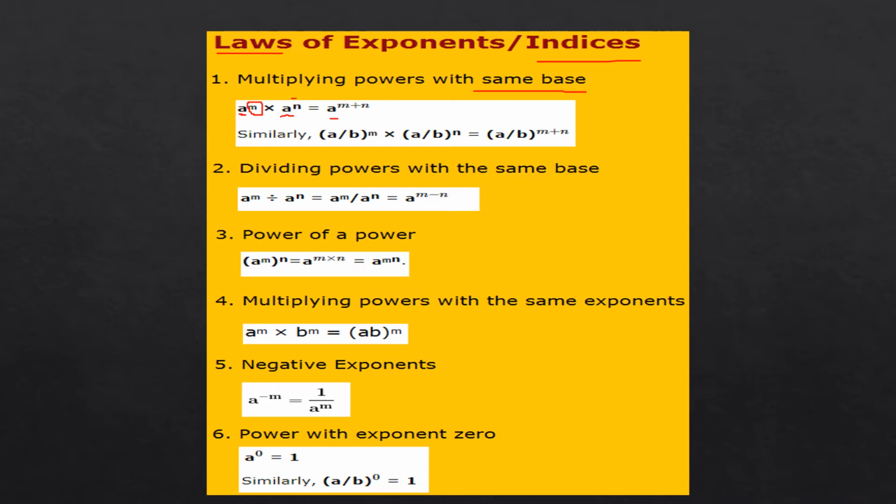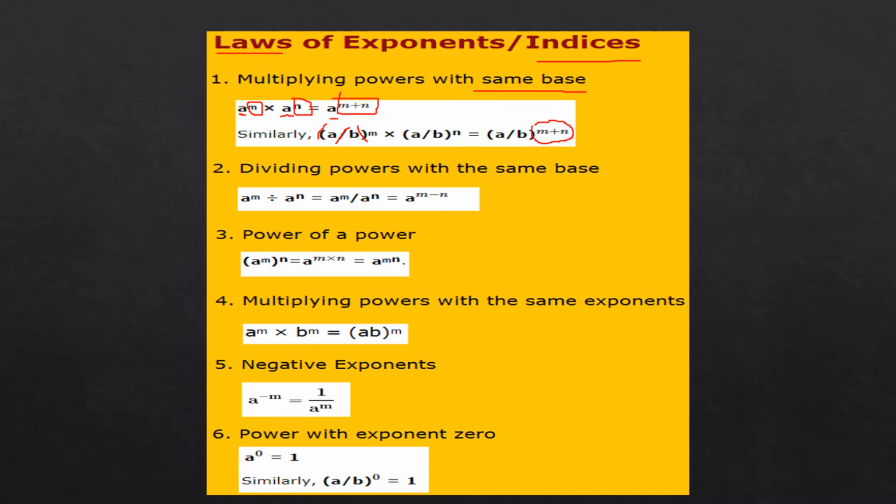If the bases are the same, we will add the exponents. Similarly, A over B, the quotient, parenthesis power M times A over B parenthesis power N equals, you will add the exponents.